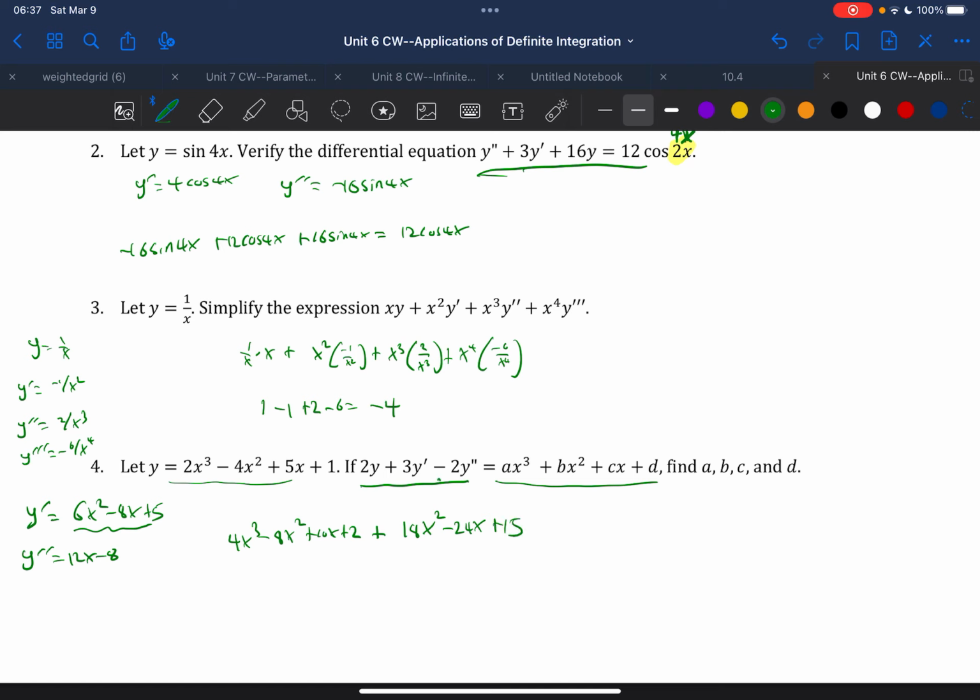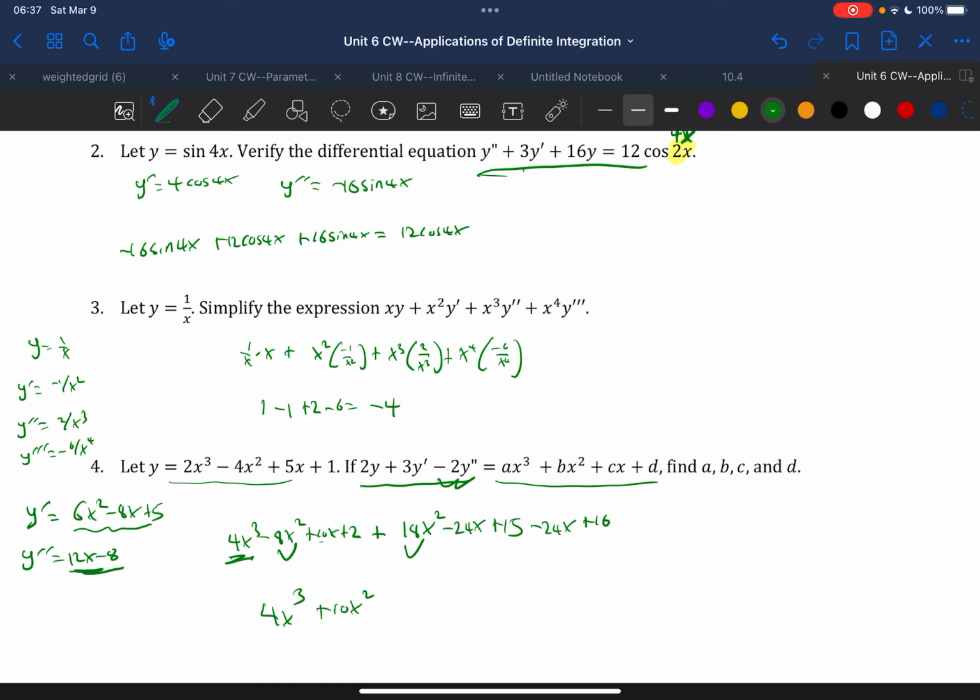And then minus 2y double prime. So I'm going to multiply this by negative 2. And then I get negative 24x plus 16. Negative 8 times negative 2 is plus 16. And now we're just going to combine like terms. So I have 4x cubed, that's by itself. Negative 8x squared plus 18x squared is plus 10x squared.